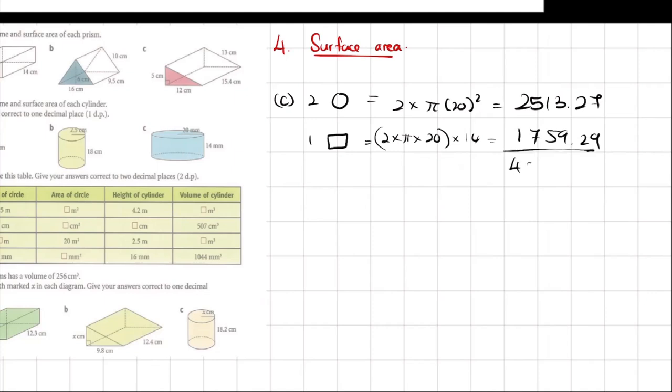So the total should be 4,272.56 surface area.